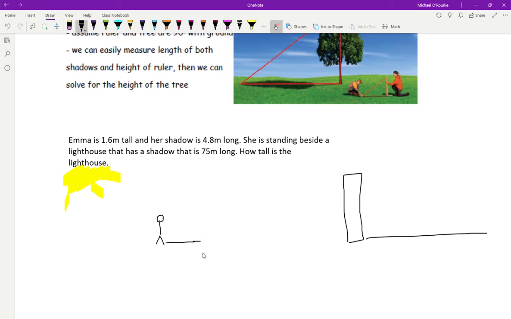I'm going to let you try to draw out the rest of your triangle. Tell me in chat when you think you have your two triangles done. And I forgot to give Emma arms, which I apologize, Emma. Tell me when you think you have your two diagrams labeled.